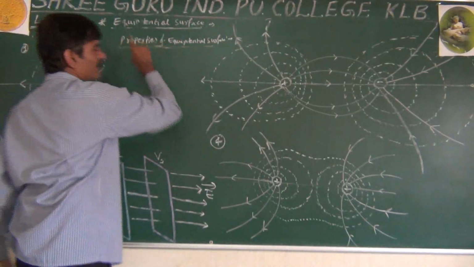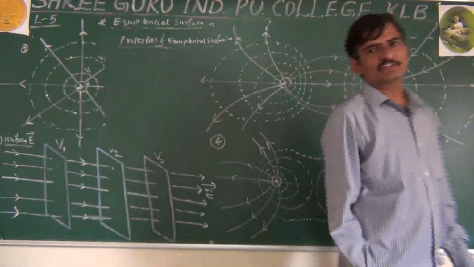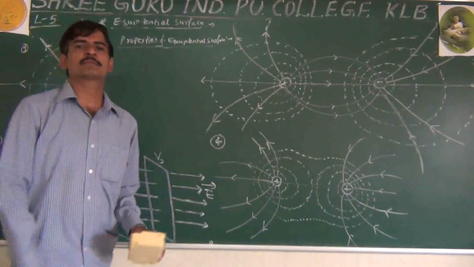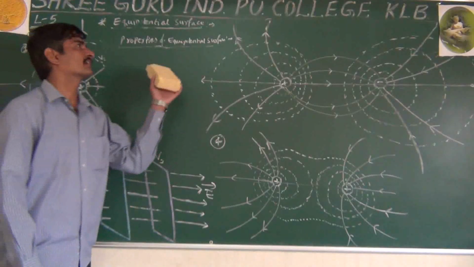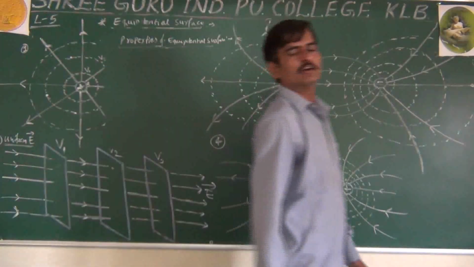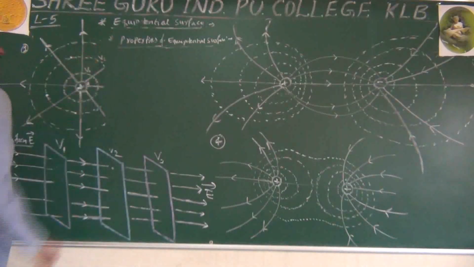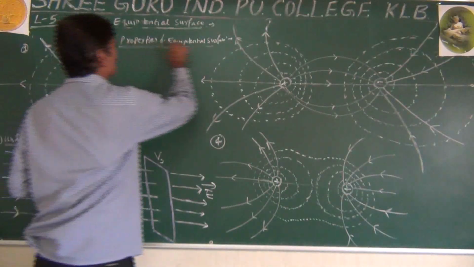This concept, equipotential surface, they will ask for 2 or 3 marks, and if you open the old question papers, you will see that many times they have asked questions related to equipotential surface. So now, properties of equipotential surface. Simple.